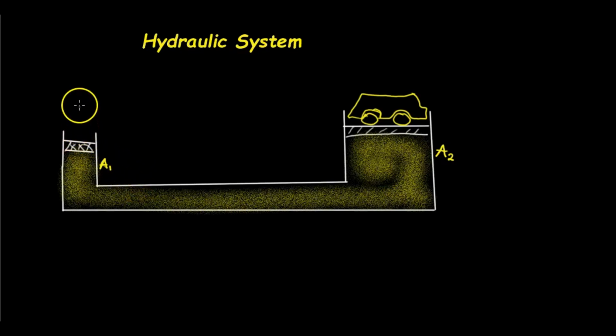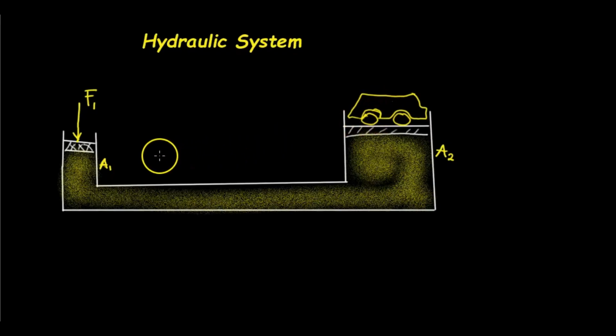Now this is the point of application of the force. I'm going to apply a certain force F1 to overcome or lift a car that, on a normal day, I cannot just lift with my hand.